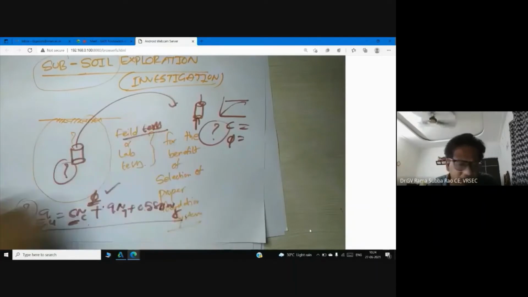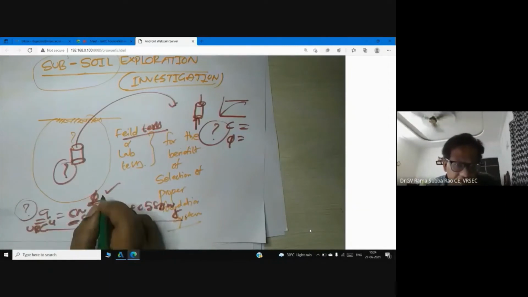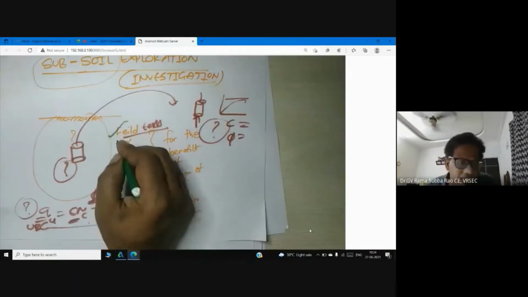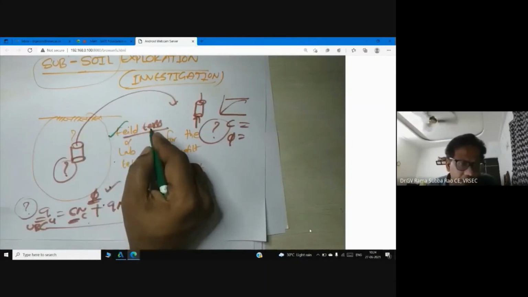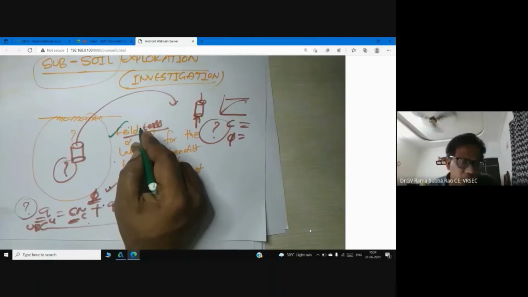As you know, field tests are more reliable than laboratory tests. You are an engineer, supposed to conduct field tests and laboratory tests, and the first preference should be field test. You can rely much on field tests because of more precision and less disturbance.